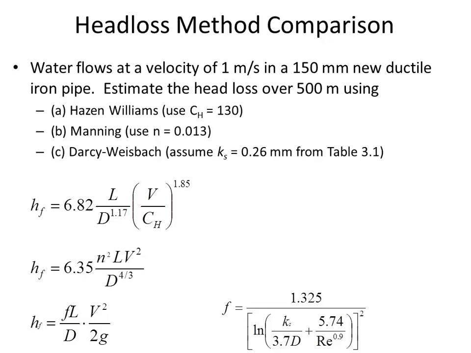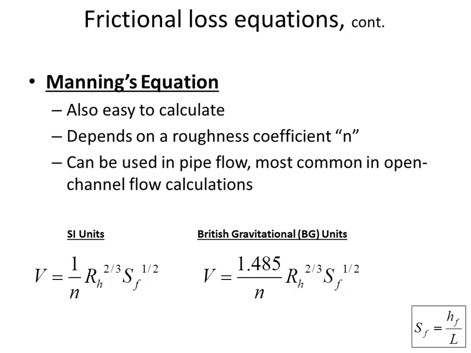So if we find the h sub f, 6.35 n squared L v squared divided by D to the 4/3. And that's a really strange version of Manning's equation. When we use Manning's equation for open channel flow, this is more of what it will look like.